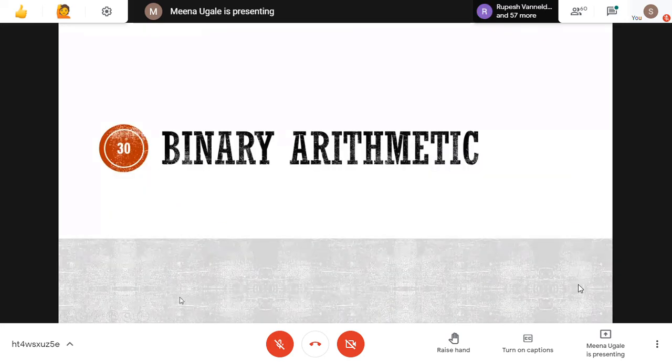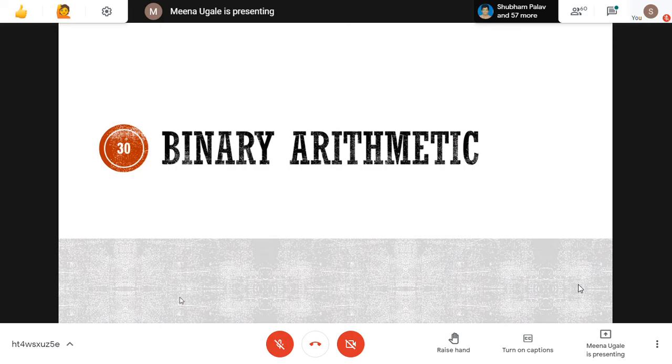Got it? Any doubts in 1's complement, 2's complement and sign magnitude? Just revise here. In sign magnitude, the MSB represents your sign and the remaining bits represent the magnitude of a number. In 1's complement, we represent the negative number by inverting the bits: if it is 1 make it 0, if it is 0 make it 1.